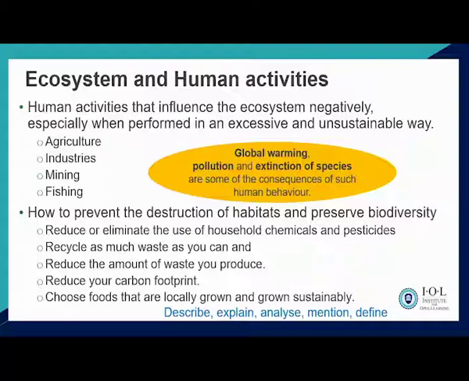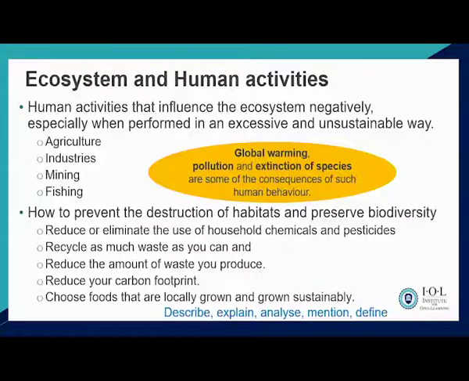So humans play a great role in our ecosystem, which can be negatively affected if they are not managed or utilized in a sustainable way. Some of the human activities that are causing that are agriculture, industries, mining, and fishing.